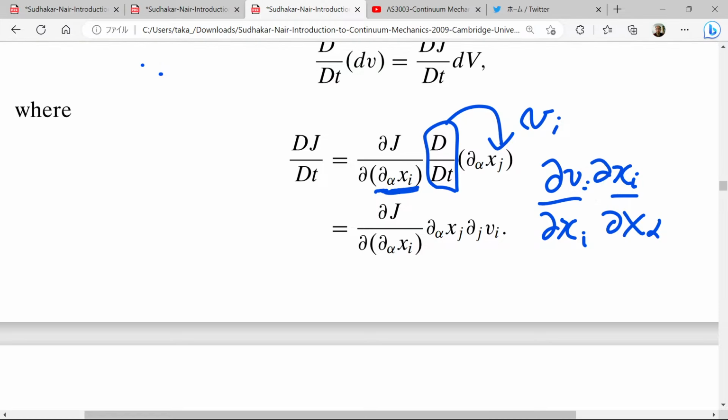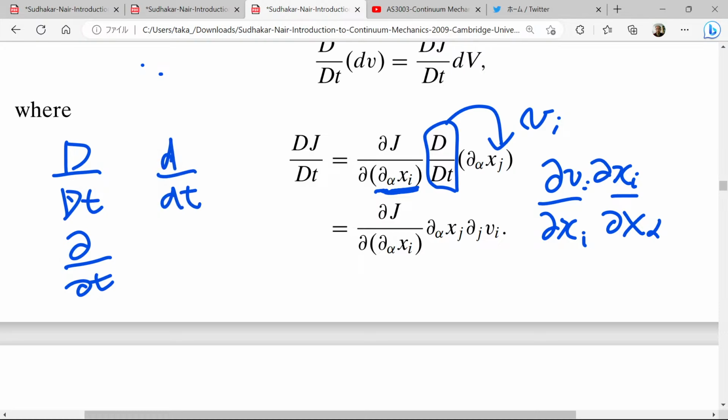So actually it is very hard to understand the difference. D dt, there's something partial t, then also d dt. So I don't know the exact difference.